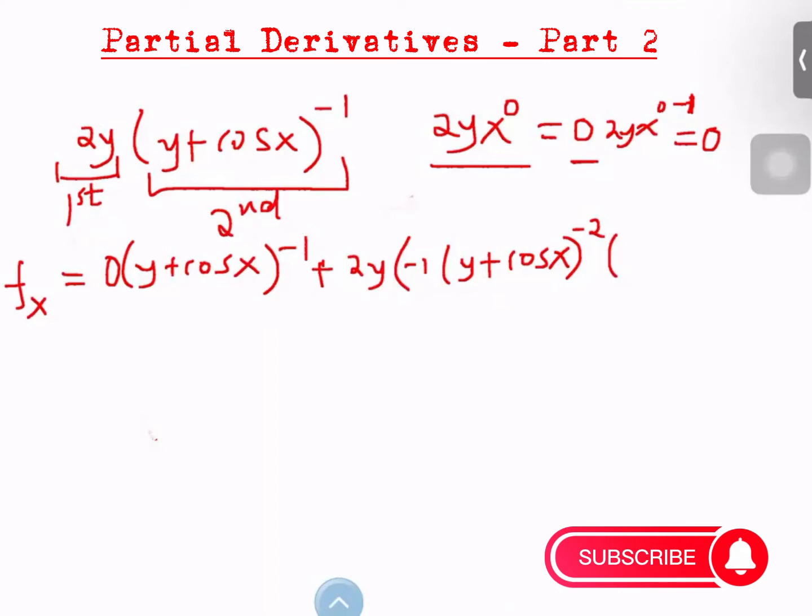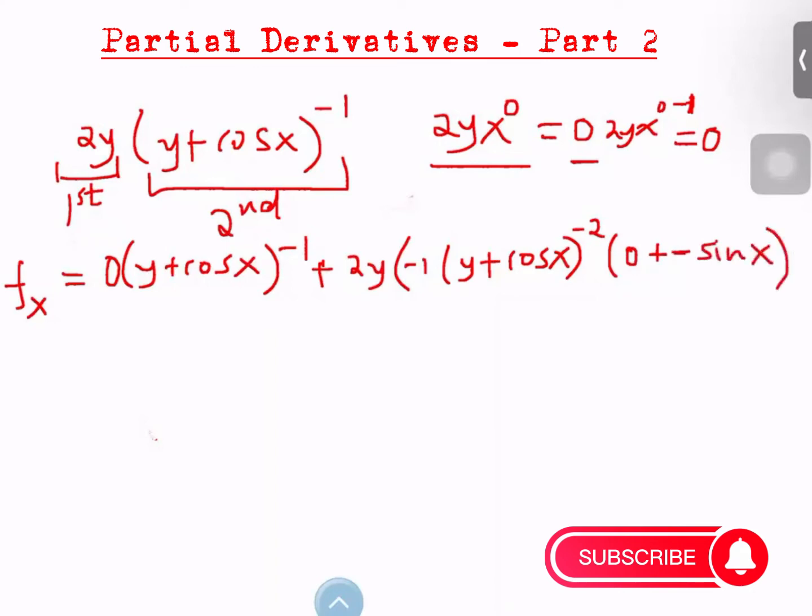Y with respect to x is still the same as the way we differentiated 2y, and we get a 0 because the variable x is not present, plus the derivative of cos x, which is negative sine x.